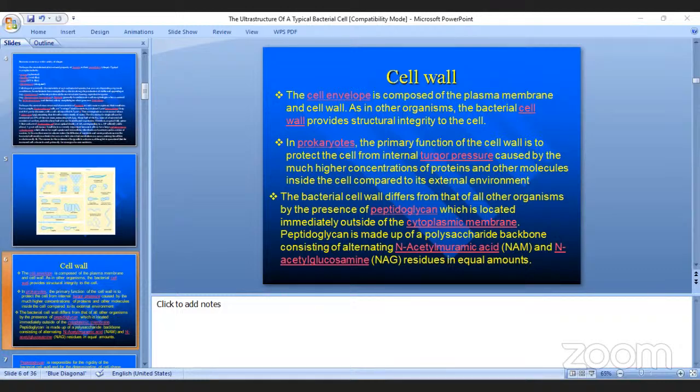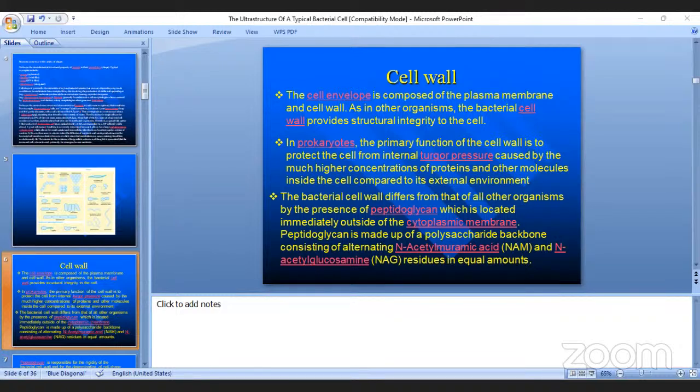The bacterial cell wall differs from that of other organisms in its chemical composition. You tell me the general chemical in the plant kingdom. In most plants, from algae to angiosperms, what is the main chemical component of the cell wall?